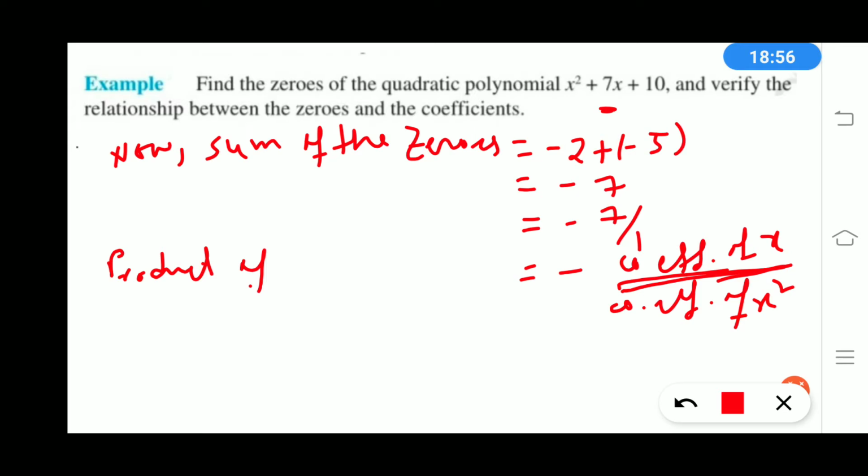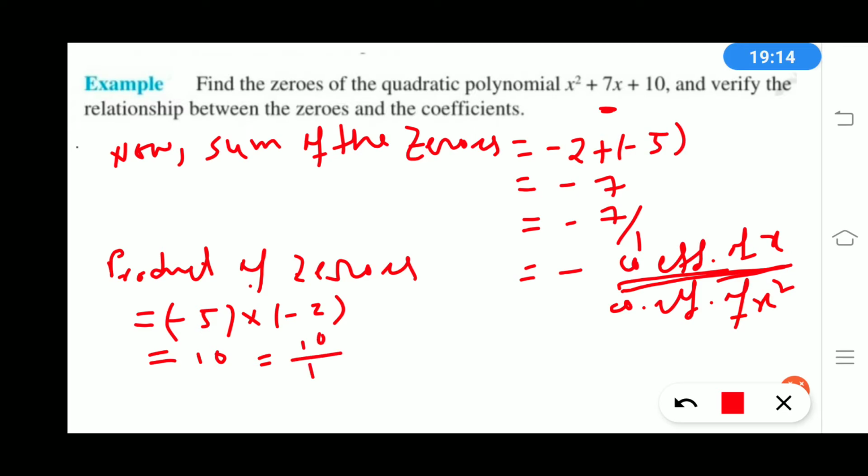Next, product of zeros. Product of zeros equals minus 5 into minus 2. That means equal to 10. So 10 can be written as 10 by 1. So here the constant term is 10.